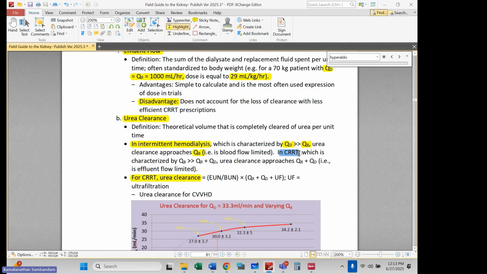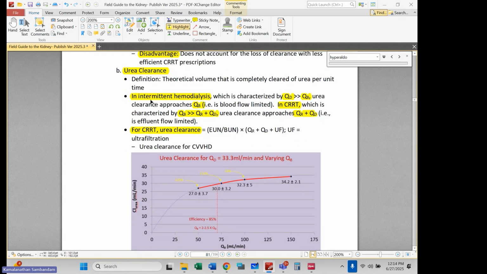In CRRT, remember, the blood flow rate is faster than the flow rate of replacement fluid and dialysate, and the main determinant of clearance is the replacement fluid and dialysate flow rates, okay? That is, it's effluent flow limited for CRRT, blood flow limited for intermittent dialysis, okay?